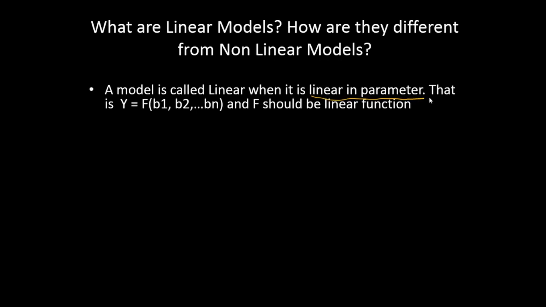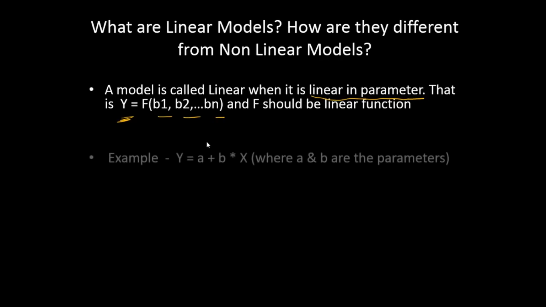It has to be non-linear in parameters. So a linear model is always linear in parameters, and I'll give an example which will be more clear. And the function which relates your dependent variables with your parameters has to be a linear function.